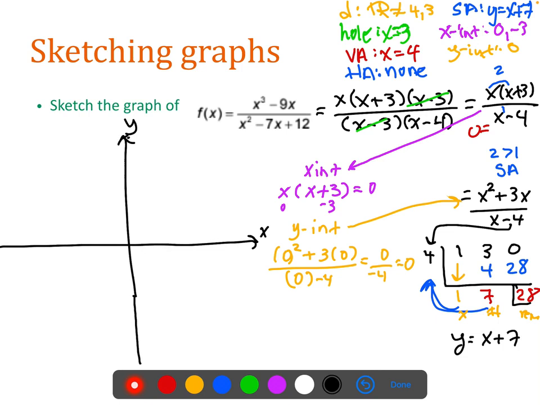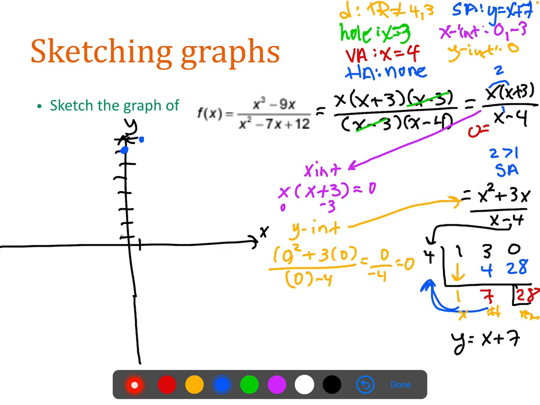Now we're going to put it all on a graph. So I'm going to draw our big, huge graph. And let's see what we've got. Let's start with our numbering. 1, 2, 3, 4, 5, 6, 7. Why did I go up to 7? Because I know that slant asymptote has a y-intercept of 7 and a slope of 1.